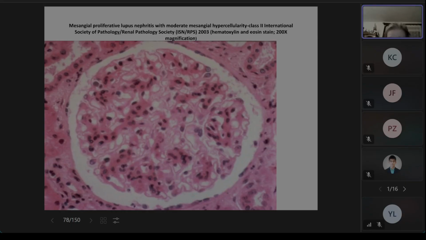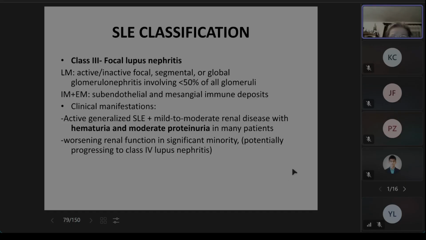On the next slide, you can see class 2 of systemic lupus erythematosus. On the other hand, the next slide shows class 3. This is focal lupus nephritis. That means that we observe active or inactive focal segmental changes of the glomeruli. Less than 50% of glomeruli are involved in the pathological changes. In these patients, we usually observe hematuria with moderate proteinuria.